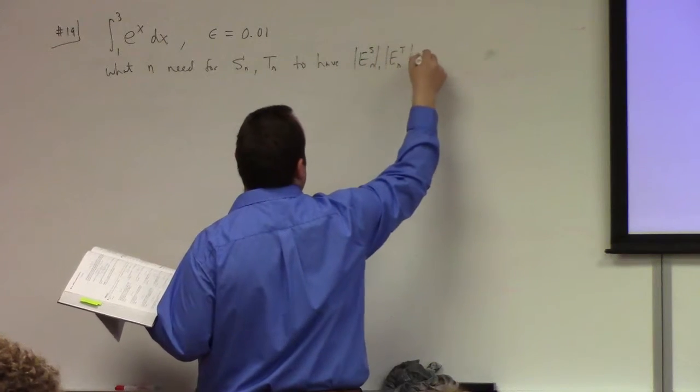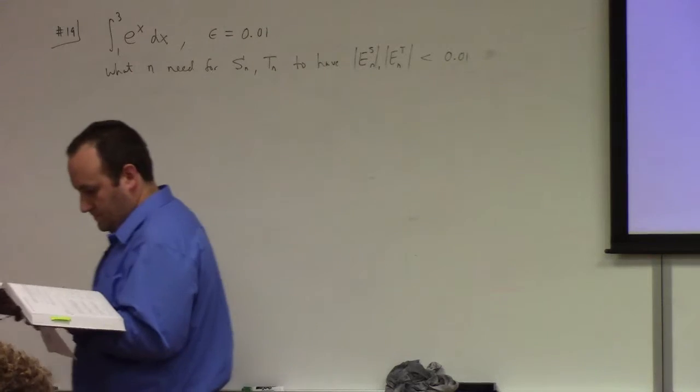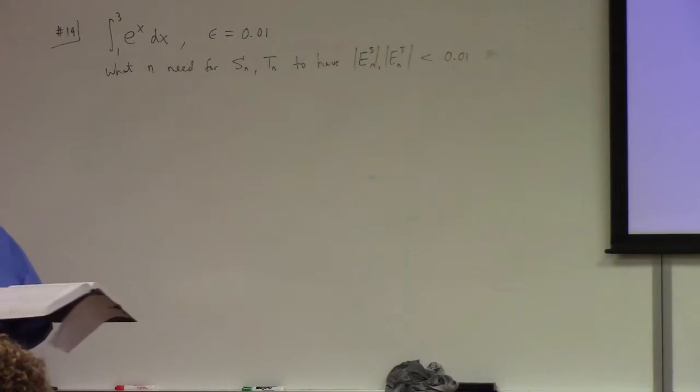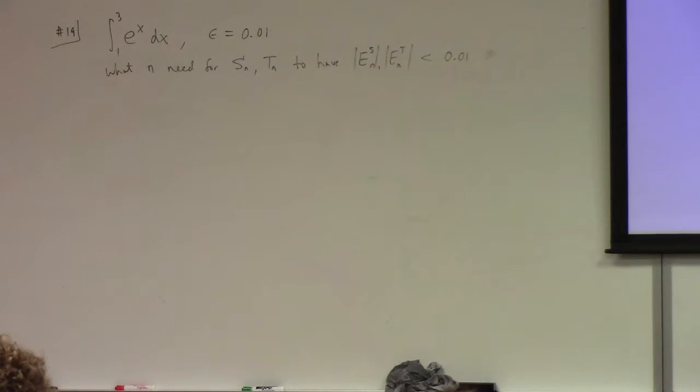Fine. All right. Well, I mean, equal to. The goal is to find the smallest n which works, right? So how do you attack this kind of problem? Yes, sir.